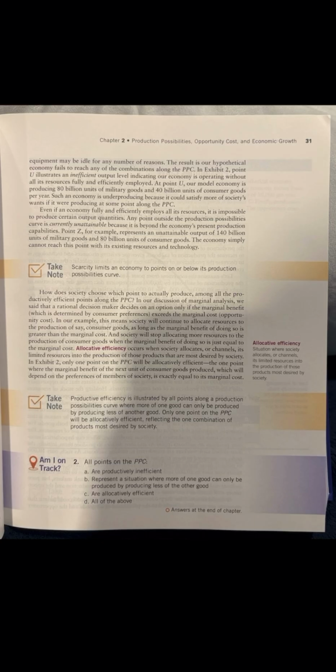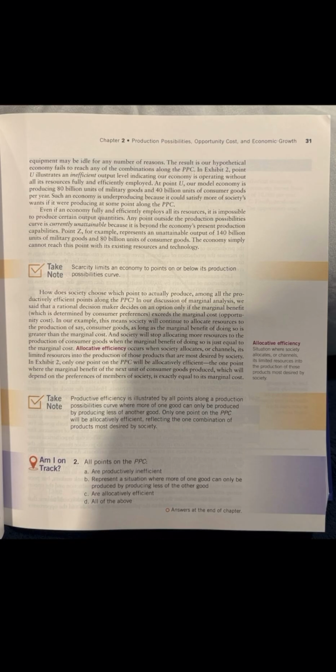Allocative efficiency occurs when society allocates or channels its limited resources into the production of those products that are most desired by society. In Exhibit 2, only one point on the PPC will be allocatively efficient, the one point where the marginal benefit of each unit of consumer goods produced, which will depend on preferences of members of society, is equal to its marginal cost.